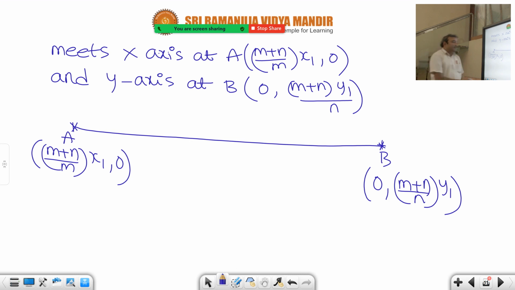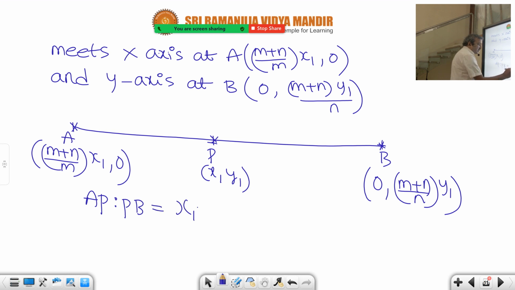Right. And after that P you have taken as x1 y1 in the middle. Right. So it is AP is to PB. What is the ratio? x1 minus x is to x minus x2. So once again students, P divides AB in the ratio x1 minus x is to x minus x2.